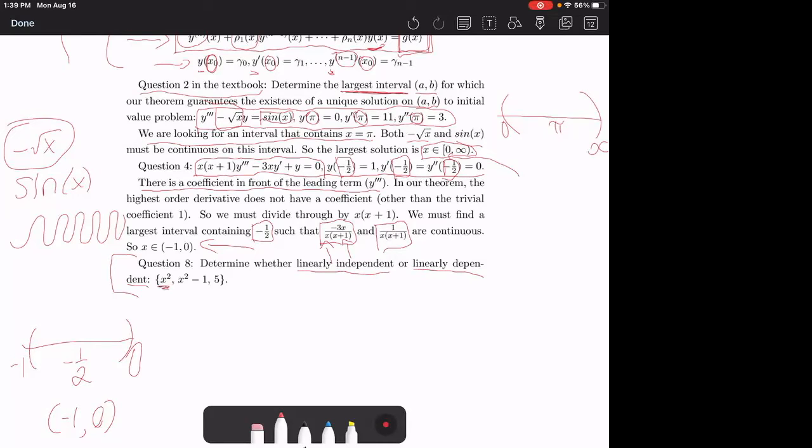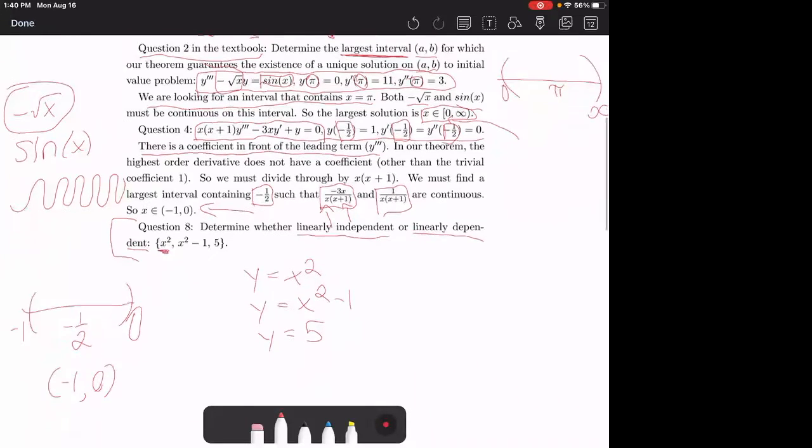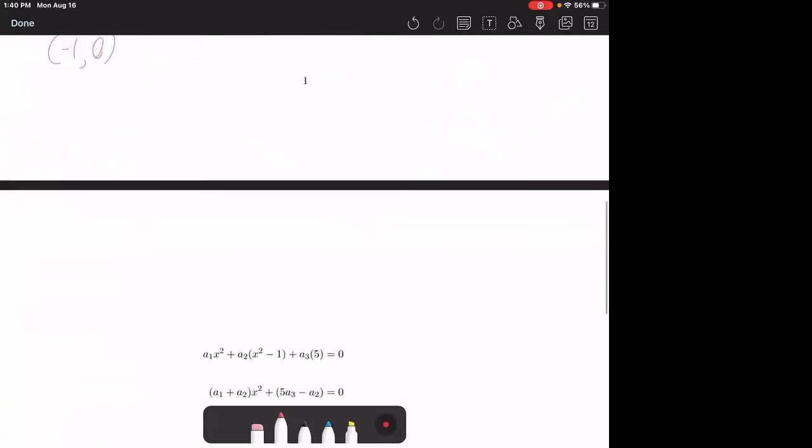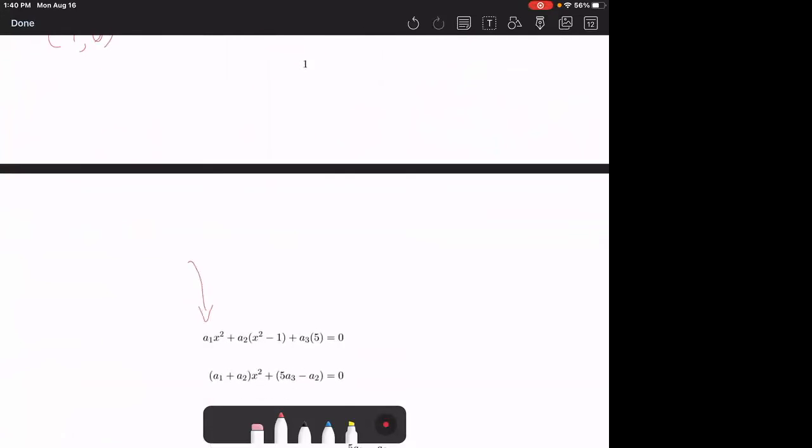So we want to know if y equals x squared, y equals x squared minus 1, and y equals 5, is a linearly independent set or a linearly dependent set. Now, the way to determine this is you add them all together multiplied by scalars. So a1 times x squared plus a2 times x squared minus 1 plus a3 times 5 equals 0. Now, the definition of linearly independent is that all three of these scalars must equal 0. a1 has to equal 0, a2 has to equal 0, and a3 has to equal 0.